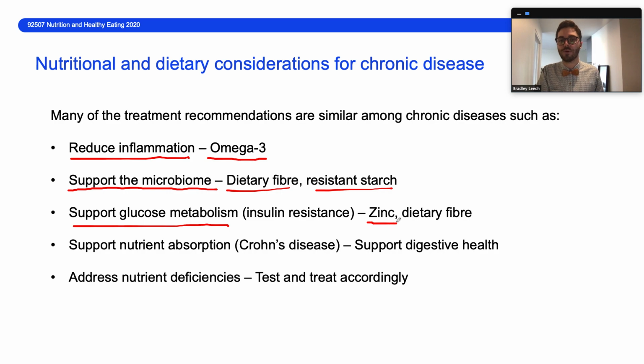As I mentioned before, zinc supports the release of insulin from the beta cells within the pancreas, but it also directly supports with insulin resistance. So consuming a diet high in zinc can be beneficial for glucose metabolism. The other element is dietary fiber.